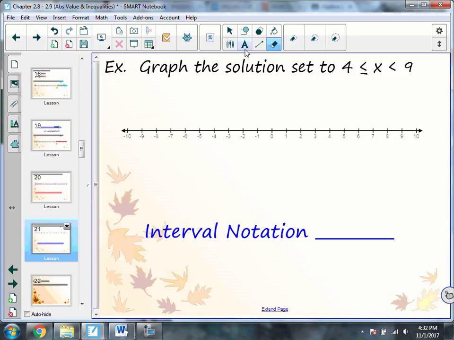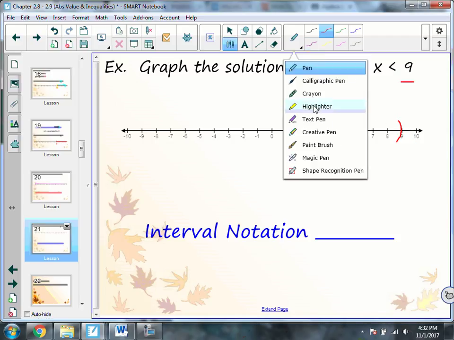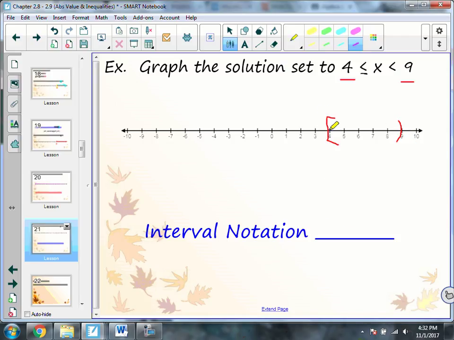This is a bounded inequality because you have a lower bound and an upper bound. The lower bound is 4, and it can equal 4, so by the 4 I put a bracket. It cannot equal 9, and so by the 9 I'm going to put a parenthesis. Then I shade in between to indicate that it's all values, including 4 and up until but not equal to 9.